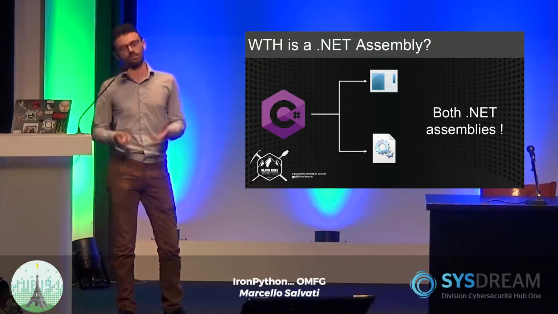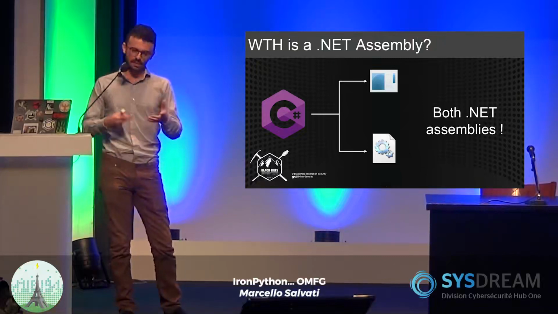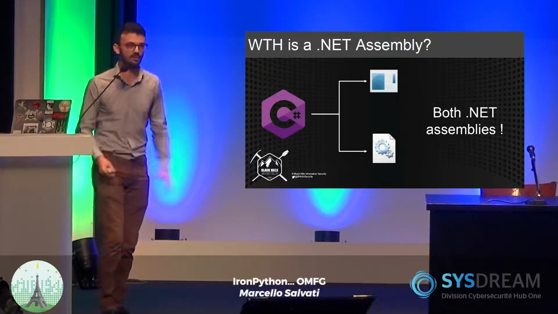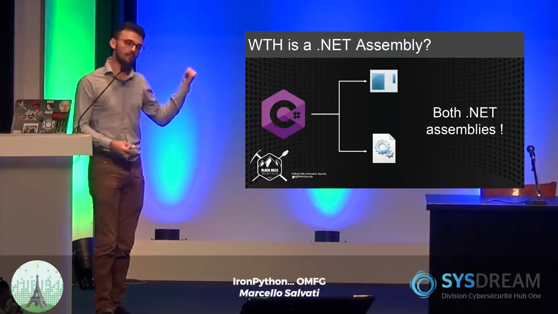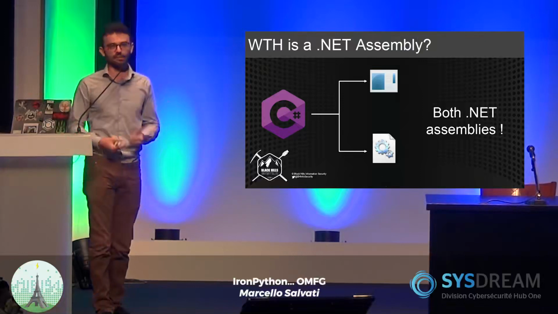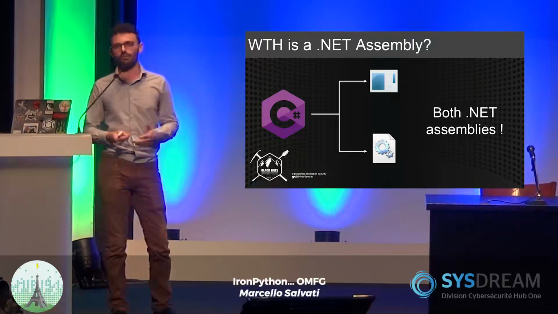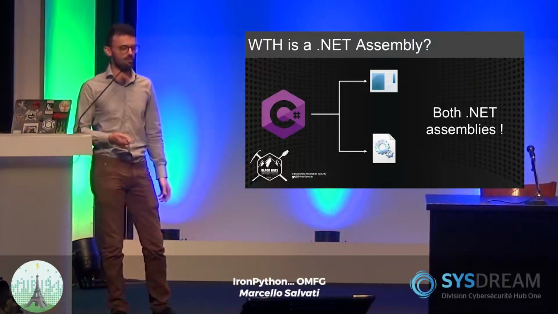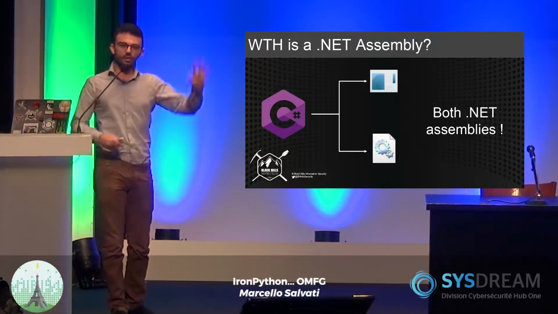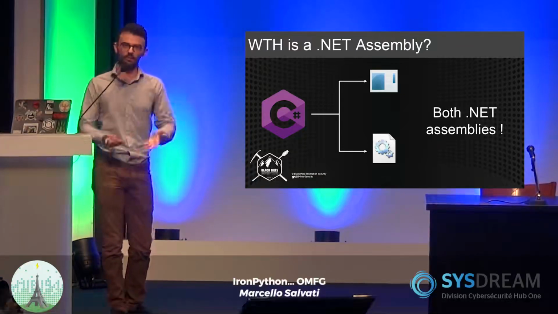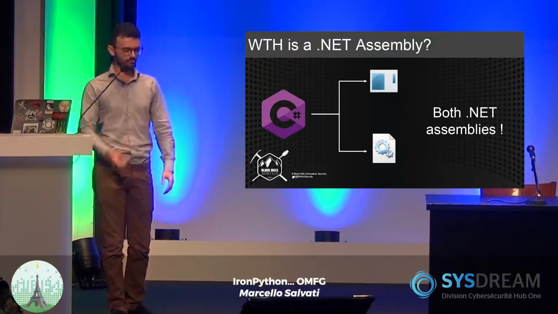What's really interesting, though, is that if you take that same C# code and compile it into a DLL, that DLL is also a .NET assembly. So this is where things change from what you'd expect from native languages, or unmanaged languages, as we call them in .NET development. Both the executable and a DLL that you generate from C# code are .NET assemblies.